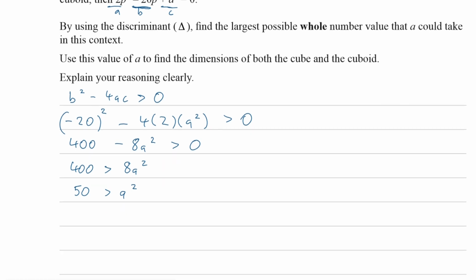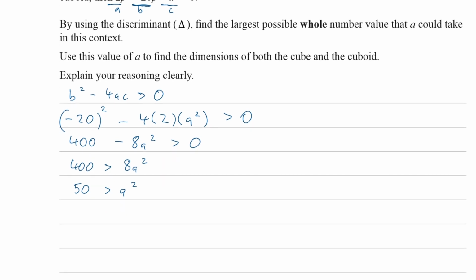So if A squared is less than 50, so this is 50, A squared is less than 50, it means it's between negative root 50 and positive root 50.